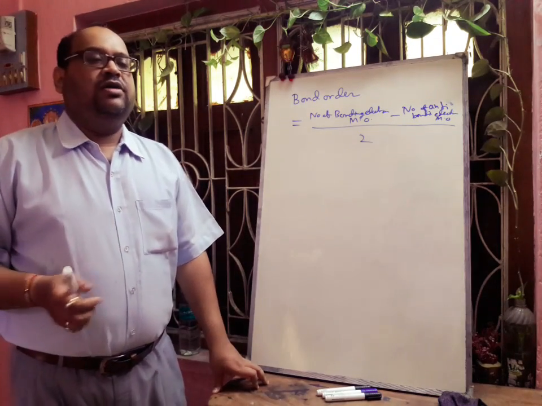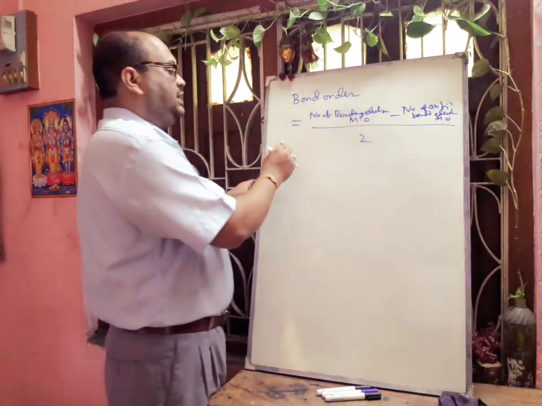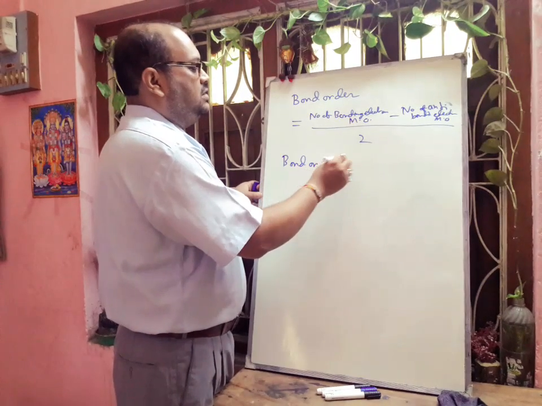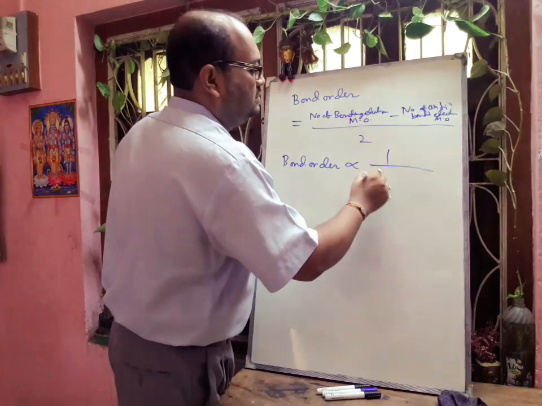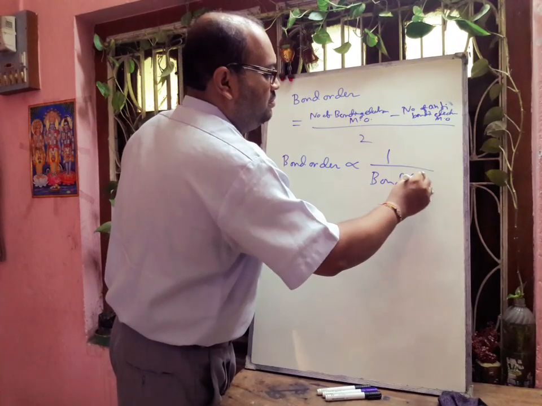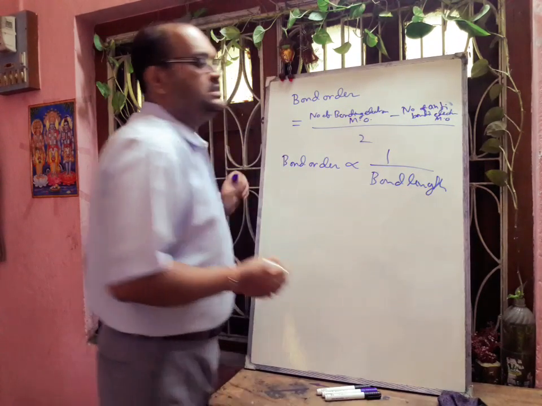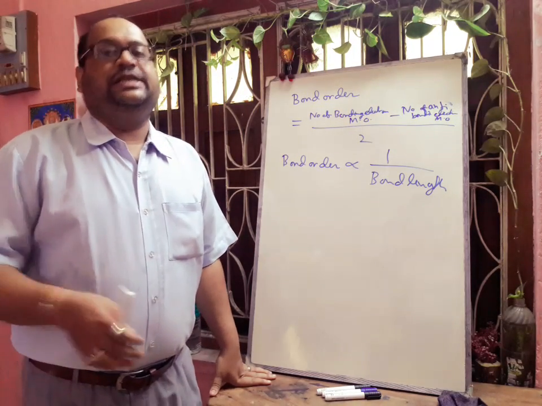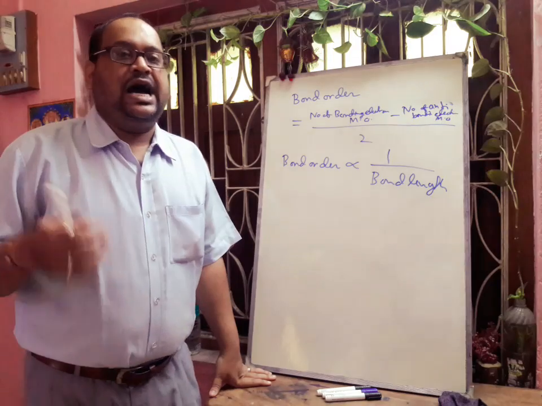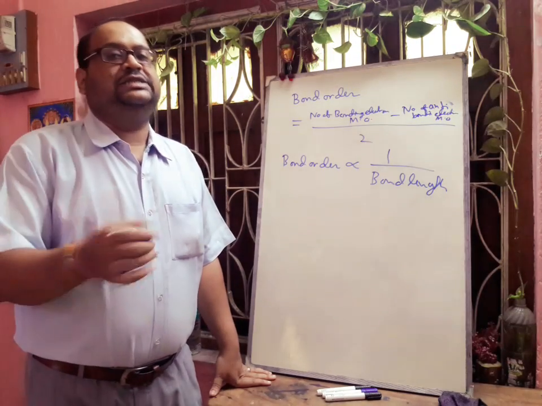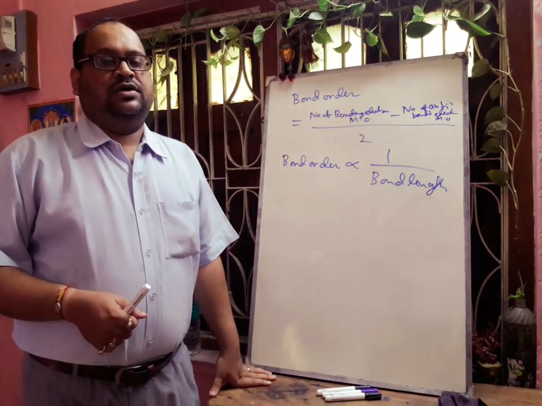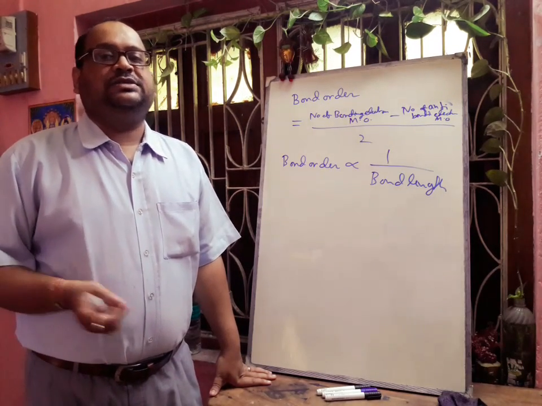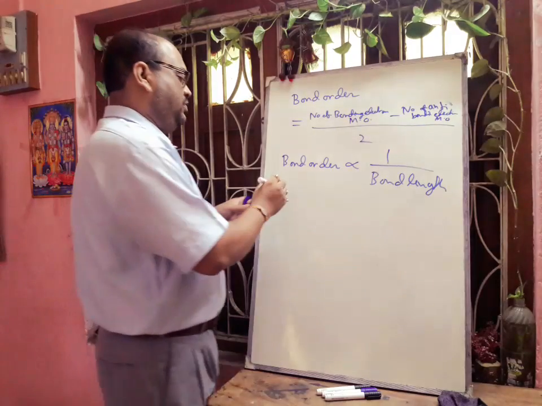Now bond order is inversely proportional to the bond length. That means if we increase the bond order, bond length will decrease. The higher the bond order, the shorter is the bond length. Next, bond order is directly proportional to bond dissociation energy.